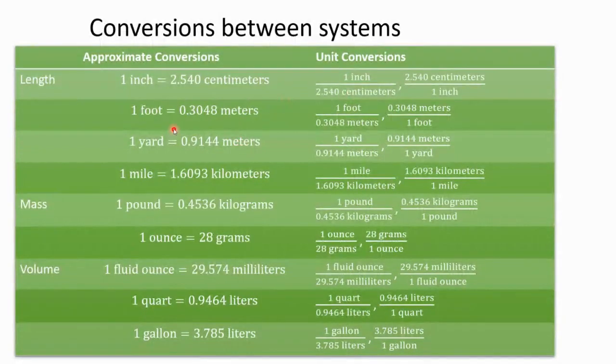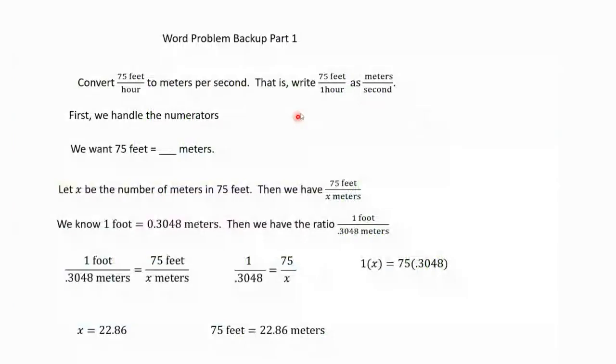For feet to meters, notice here we have this, right? So we can use either one of these unit conversions as either one of these ratios. Basically what we want is to fill in this blank.